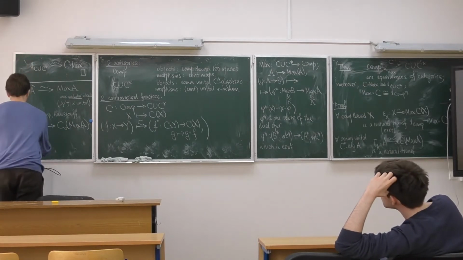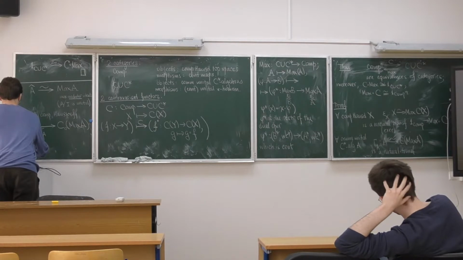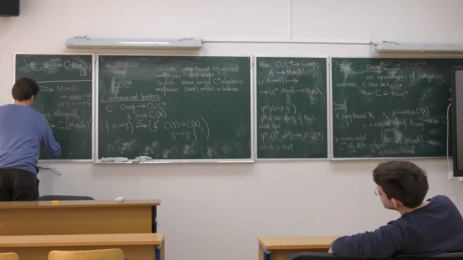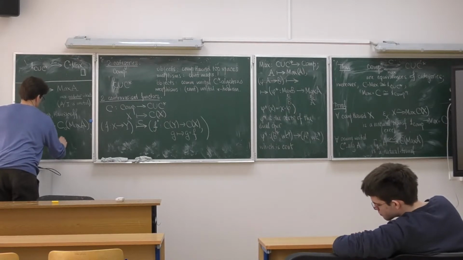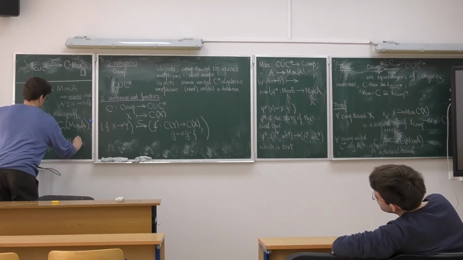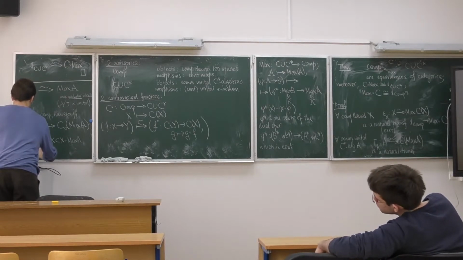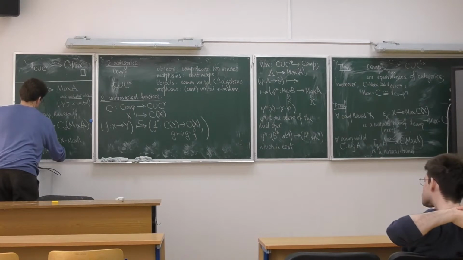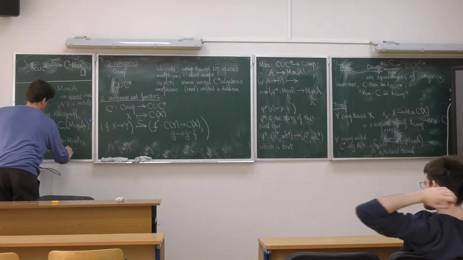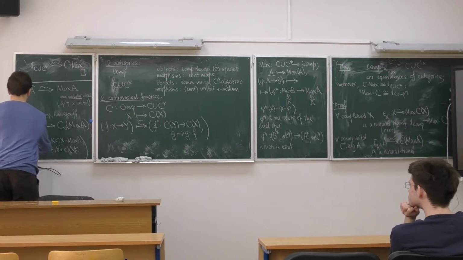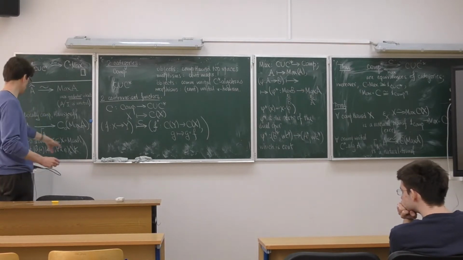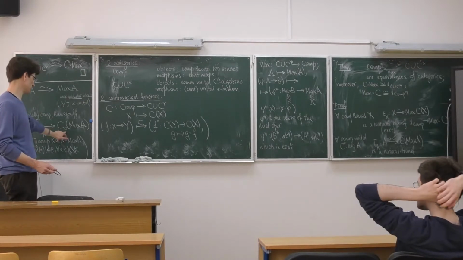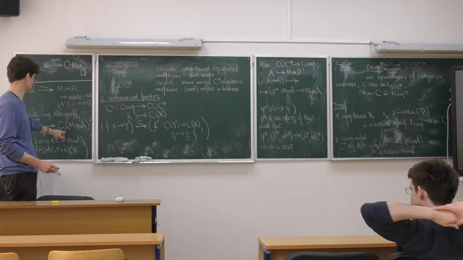This means that for each epsilon, there is a compact set K in our space, in the maximal spectrum, such that our function A hat is less than epsilon outside K. So this property means that A hat vanishes at infinity, and it turns out that the image of the Gelfand transform is contained here.